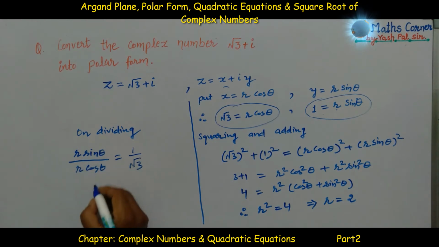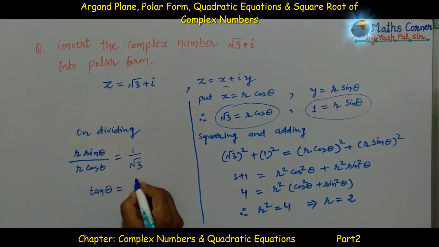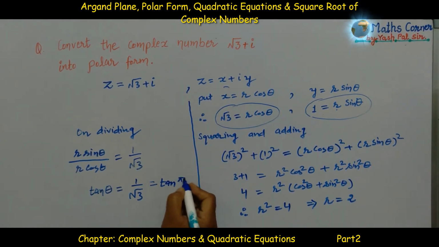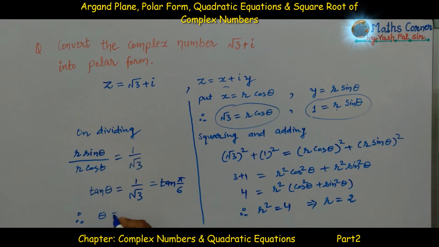R cancelled, which means tangent theta is equal to 1 upon square root 3. So what is the value of theta when tangent theta is 1 upon square root 3? This is 30 degree, tangent 30 degree, or we can say tangent pi by 6. So the value of theta is equal to pi by 6.